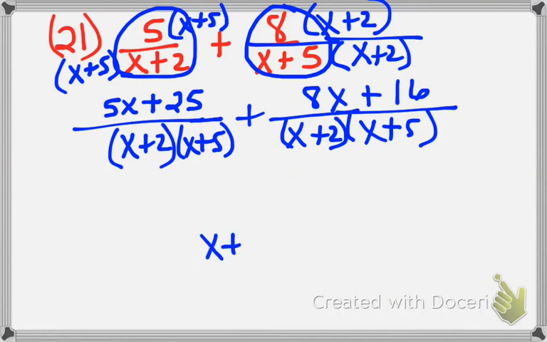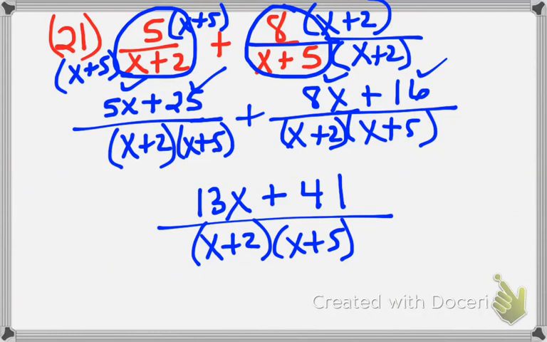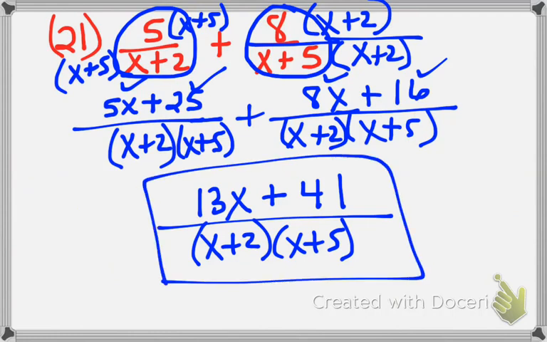So x plus 2 times x plus 5, that's my denominator. That's not going to change. But in my numerator, I'm going to have 5x plus 8x, which is 13x. And I'm going to have 25 plus 16, which is 41. And that's my solution.